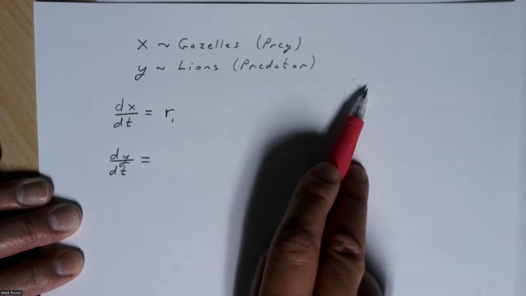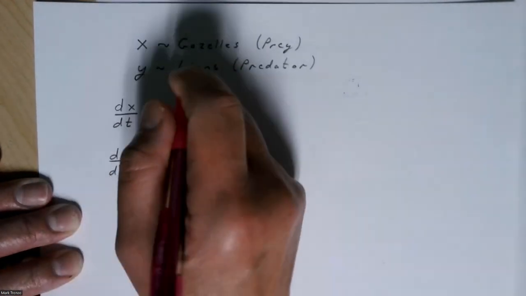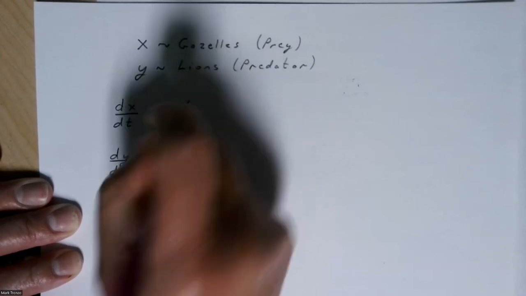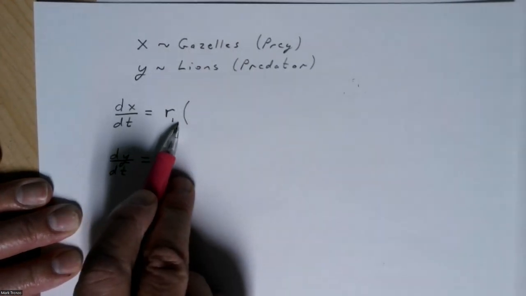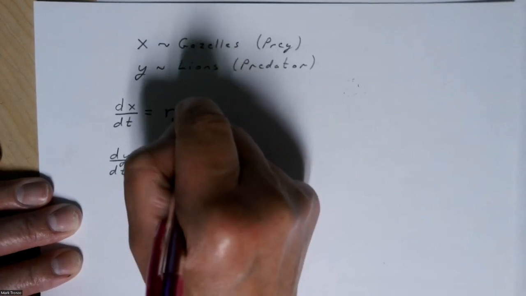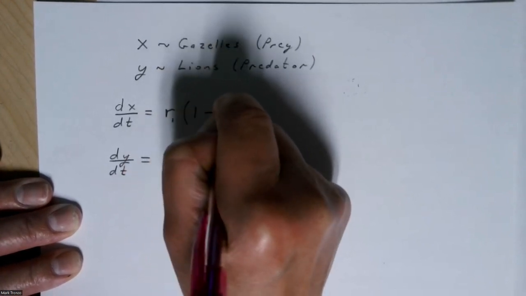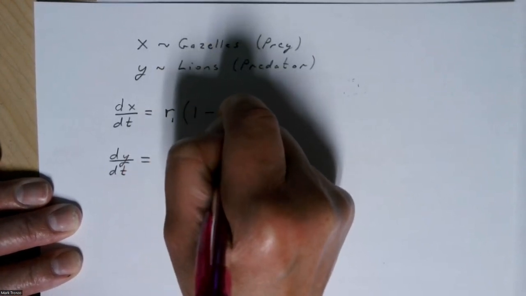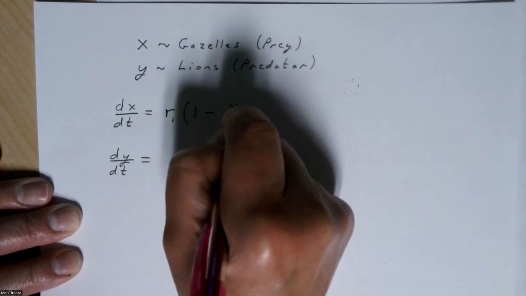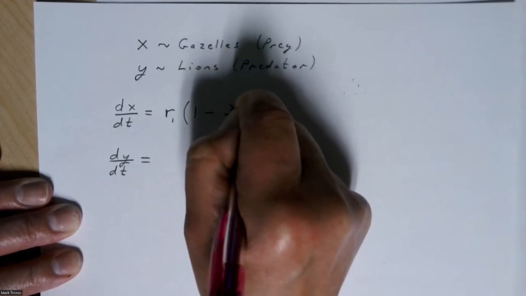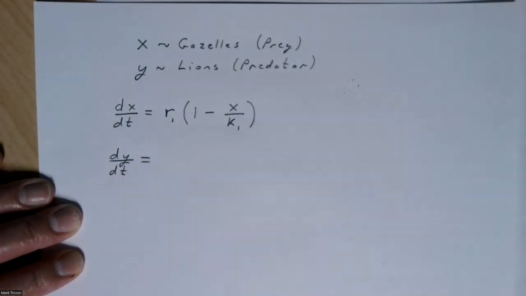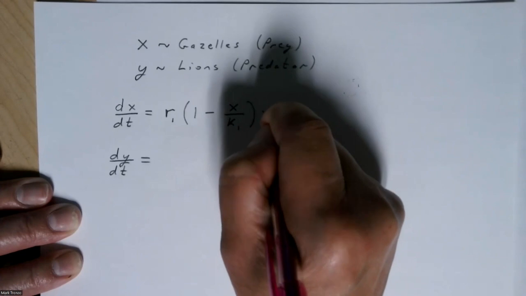So we're going to have a logistic term here. So times our rate of change, we'll have a logistic term, which is going to be 1 minus X divided by K. Let me call it K1, which is our carrying capacity. And then times X.